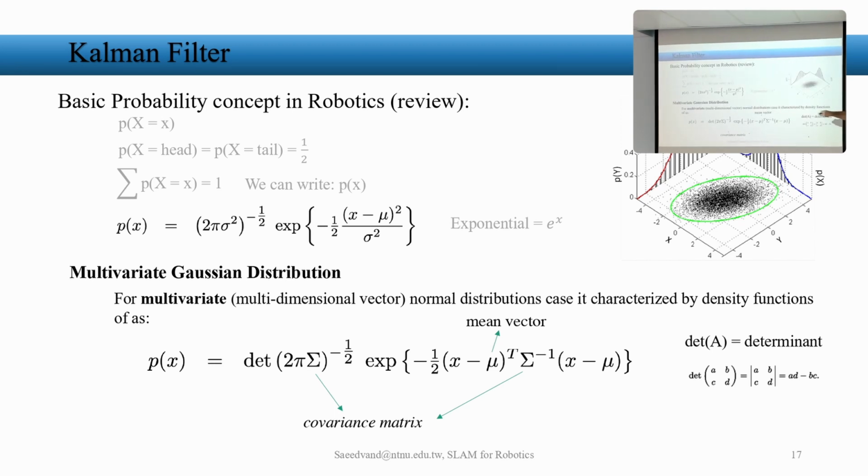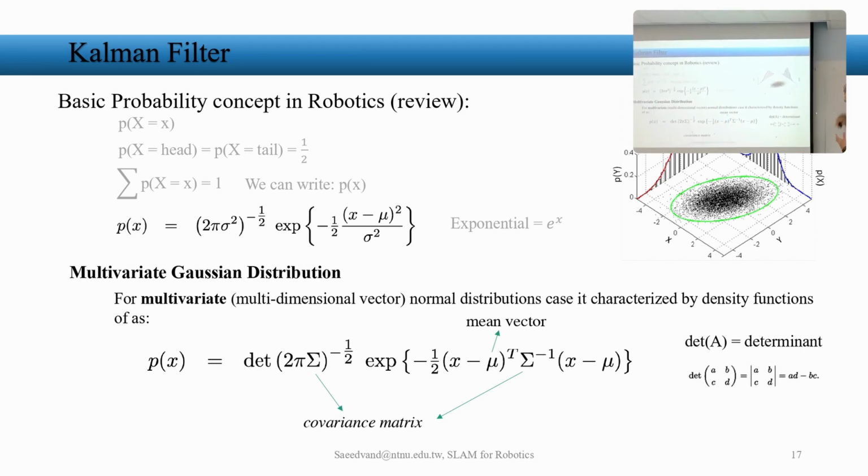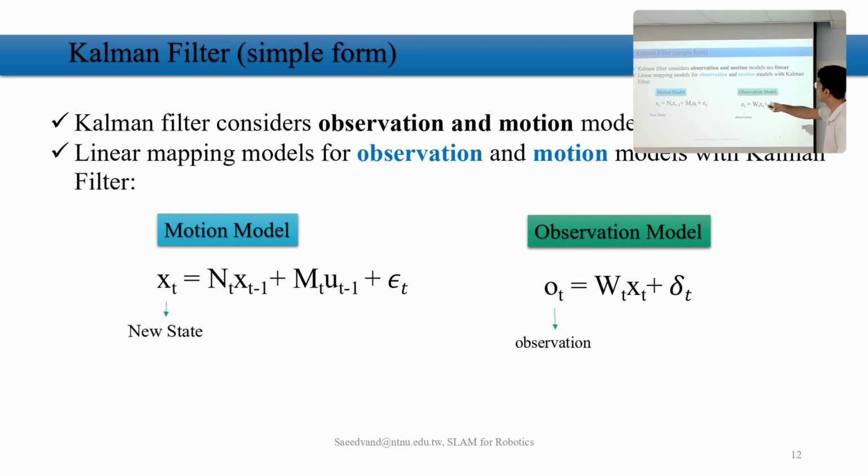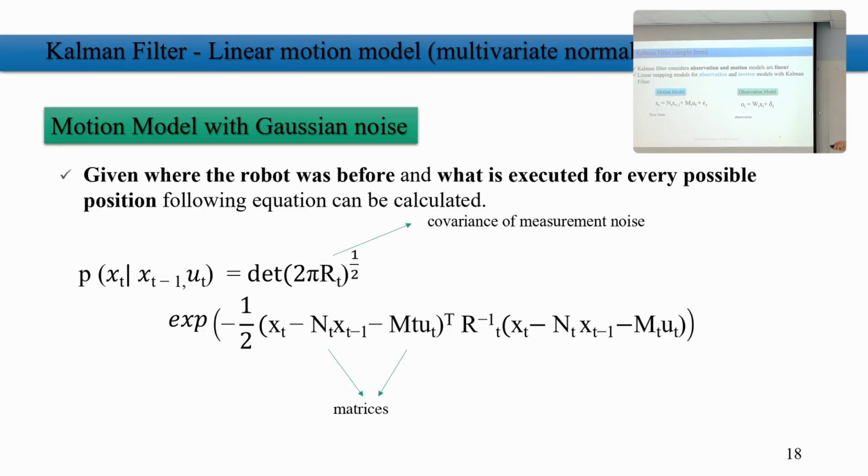Because of this equation here, the aim of the Kalman filter was using this term over here and combining it with these two. I want to show the motion model and observation model together. We want to plug these into that term in order to get the update rule of the Kalman filter.